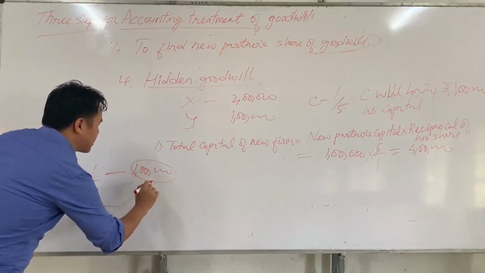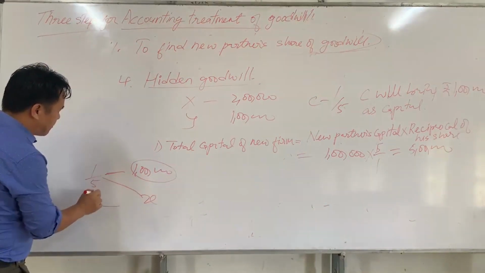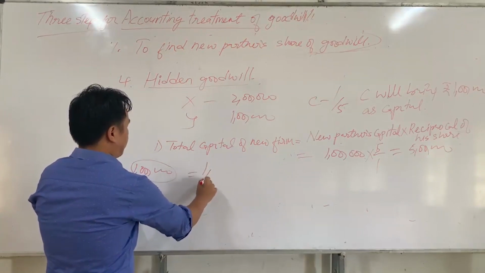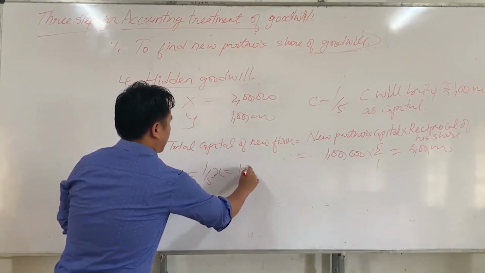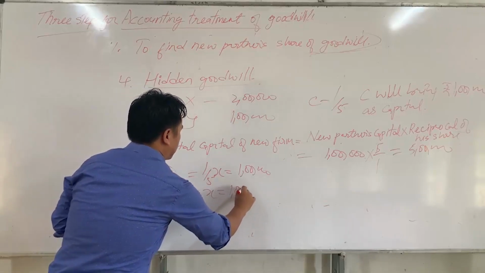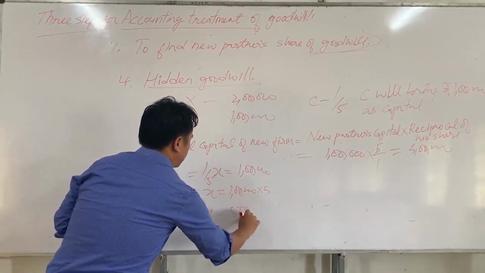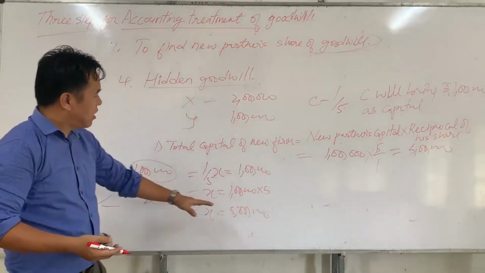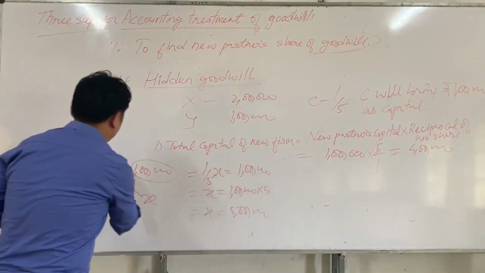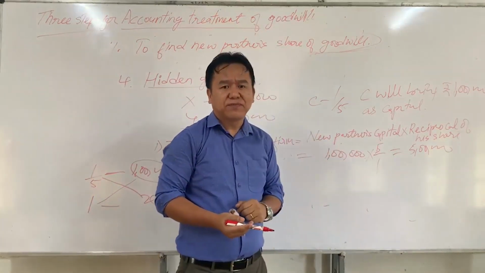We don't know the total capital of the new firm, so how are we going to find it? By taking X as the total: 1/5 X is equal to 1 lakh. So X is equal to 1 lakh multiplied by 5, which is 5 lakh. This is how we get the total capital of the new firm. We don't have to follow this procedure since it takes time. We can straight away use this formula.